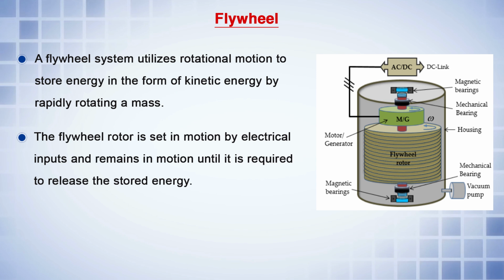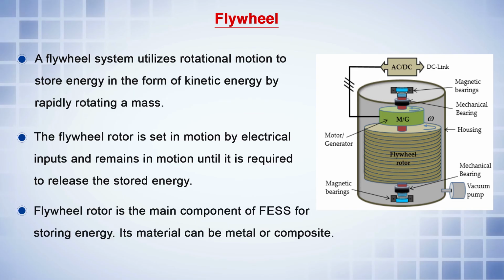In this figure, the motor or generator set is used to rotate the flywheel rotor, and it remains in motion until it is required to release the stored energy. Whenever we require the stored energy of the flywheel, we have to stop the electrical supply of the motor generator set, and this flywheel energy can be released to be utilized in an effective way.